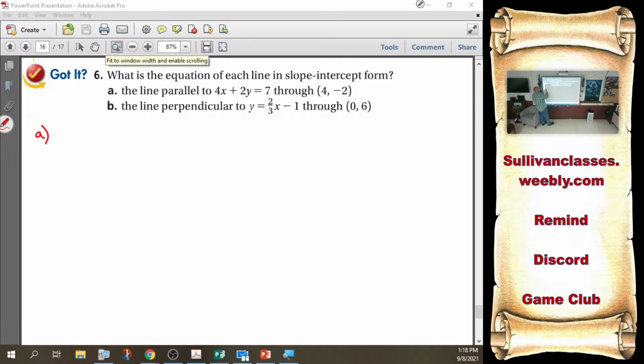Okay, so part A. This is rewritten as negative 2x plus 7 halves. So parallel, now did we get it? The slope for part A is negative 2, not 4.